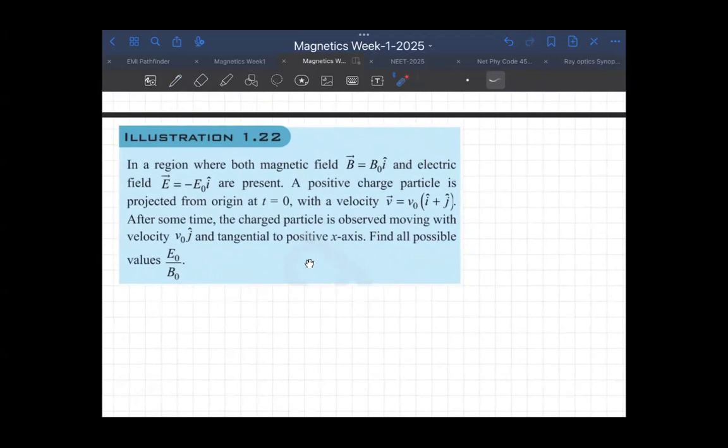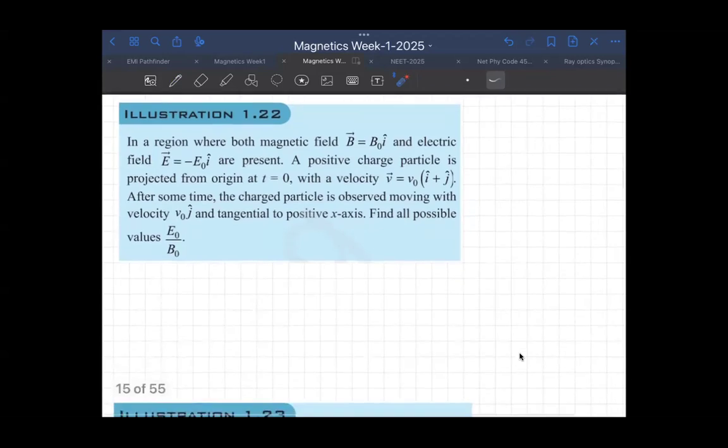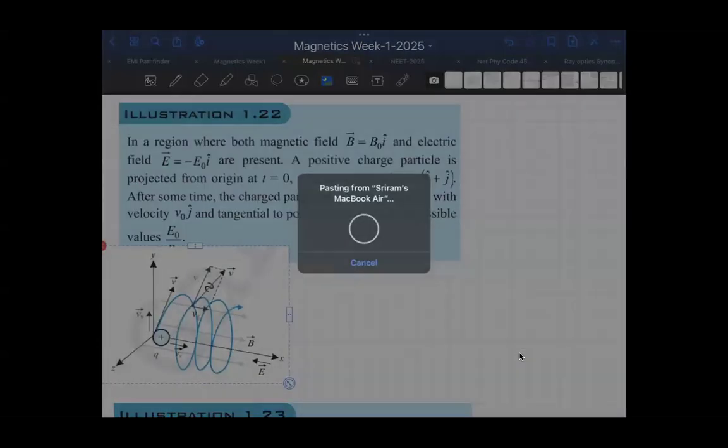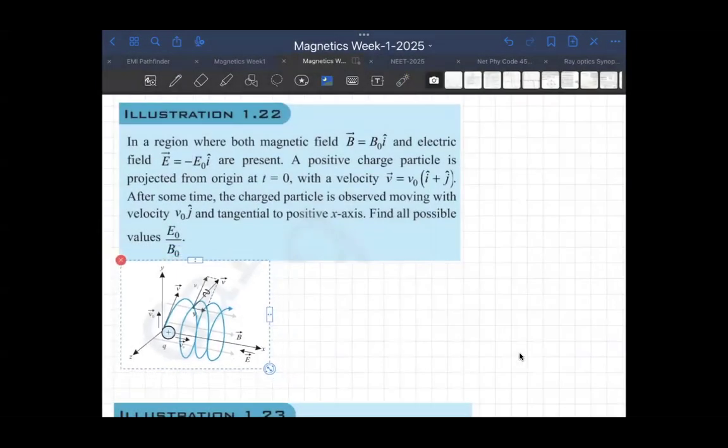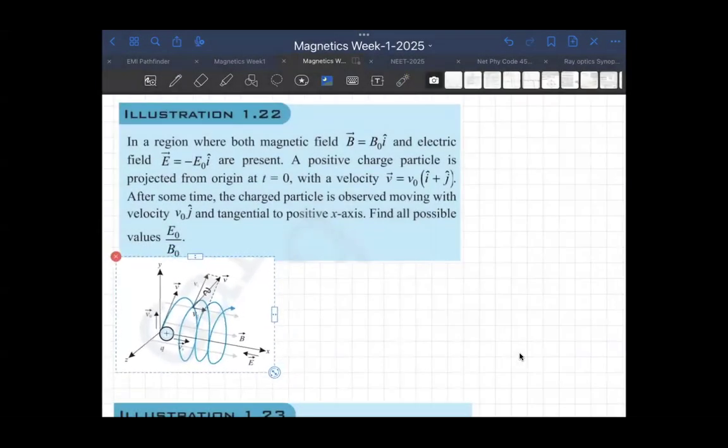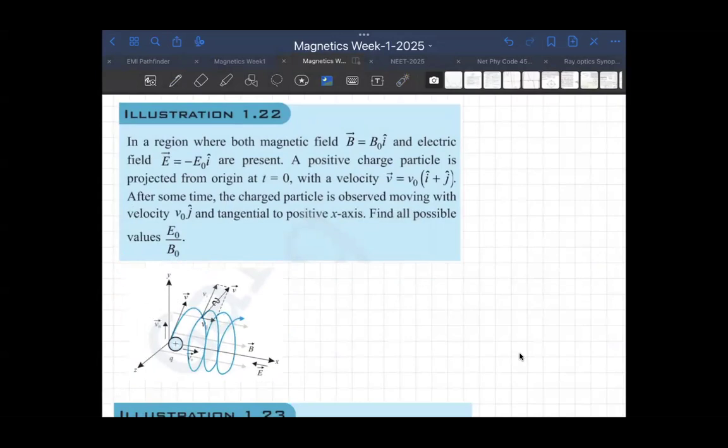Take some time, no issues, but solve it. Actually, this is how the charge moves.